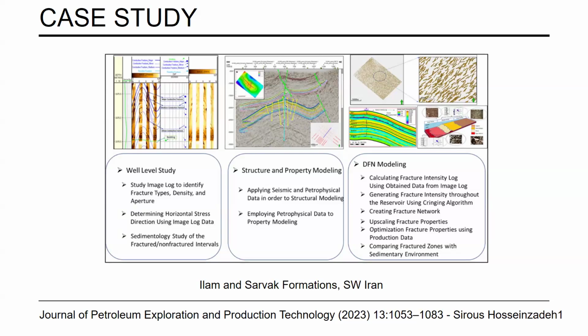So as I mentioned previously, in well level study, you study the image log, which gives you the fracture types, density, and aperture length. Then you determine the horizontal stress direction, and obviously the sedimentary units.